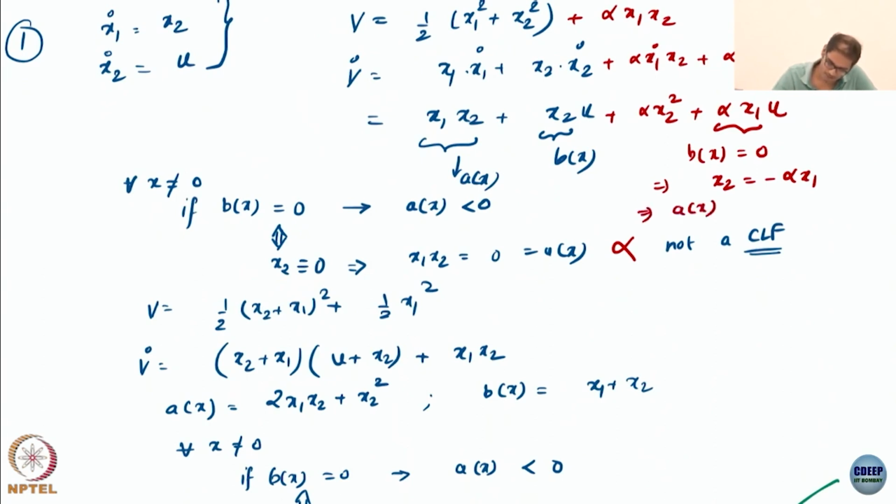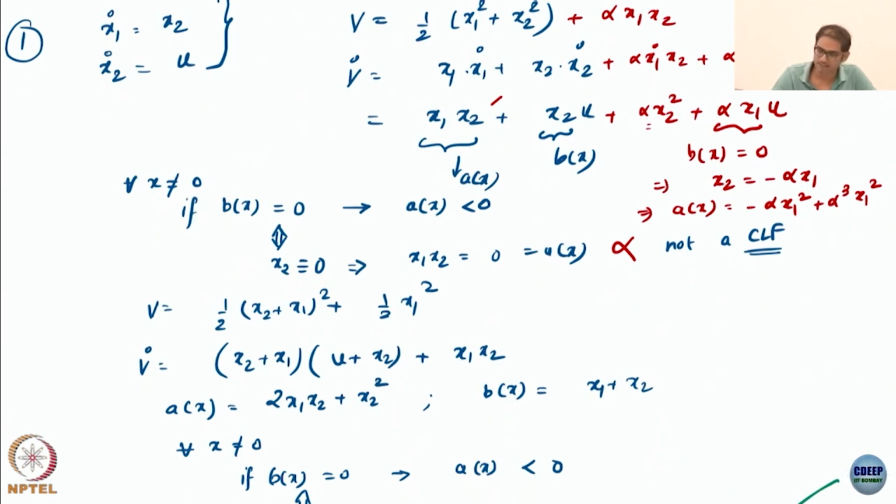Tell me. Life is not that easy. It is minus alpha x1 square from the first term. From this term I will get alpha cubed x1 square.